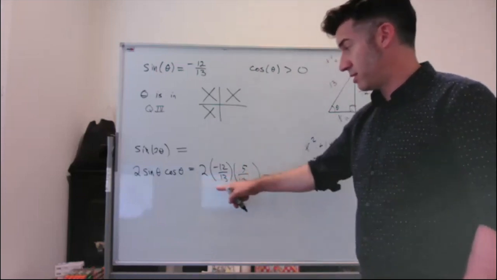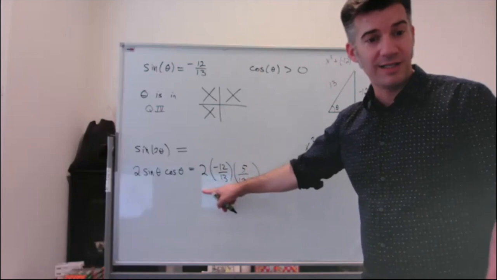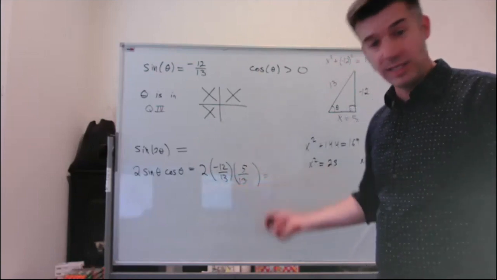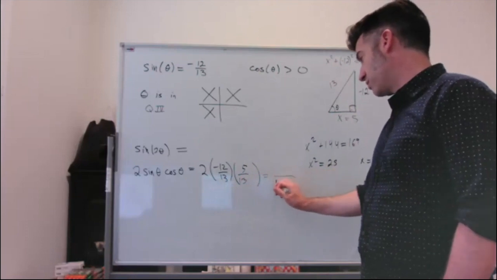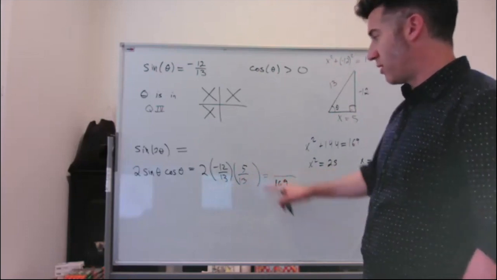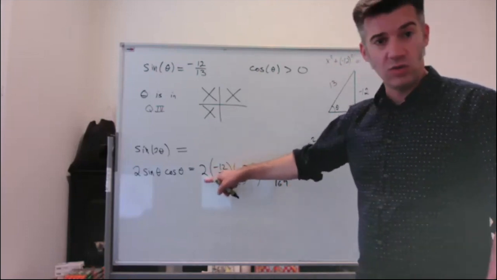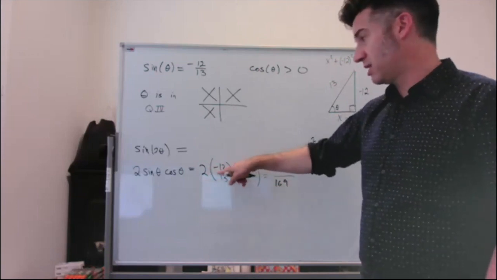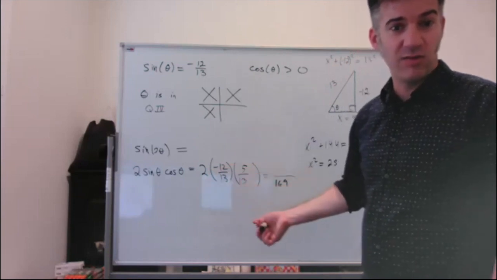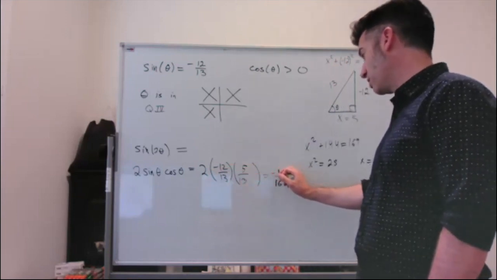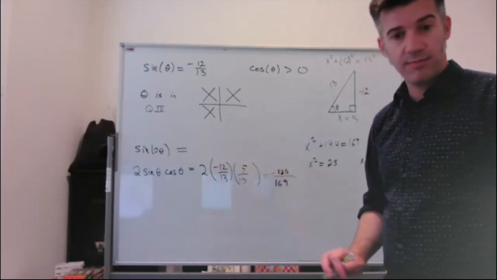So it's a positive times a negative times a positive, which is negative. Specifically, the denominator is 169, and the numerator is 5 times negative 12 times 2. 2 times 5 is 10, and 10 times 12 is 120. So negative 120 over 169.